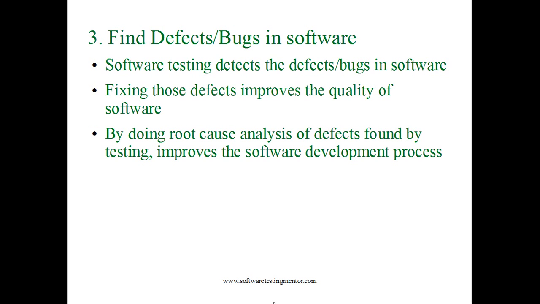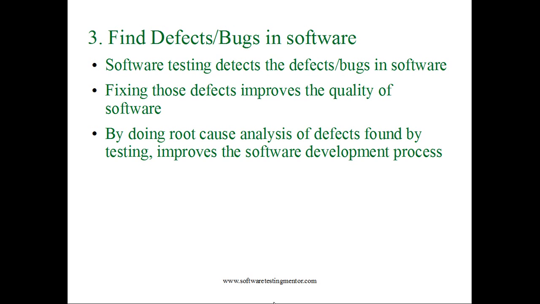While you are doing static testing or dynamic testing, you find any sort of defects either in the requirements, if requirements are not testable or requirements are incomplete, or in design documents, or in the executables or in the build that you install and start testing with. You find those defects, which are then fixed and which improve the quality of the software.